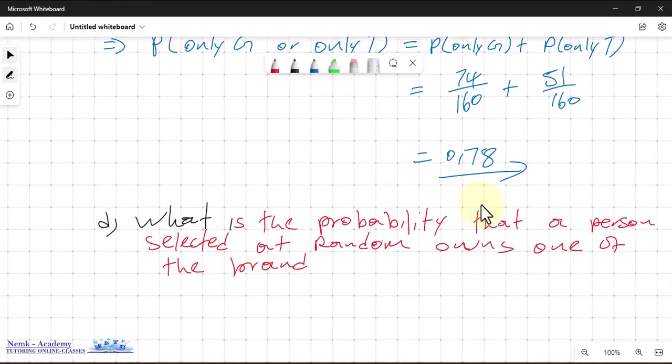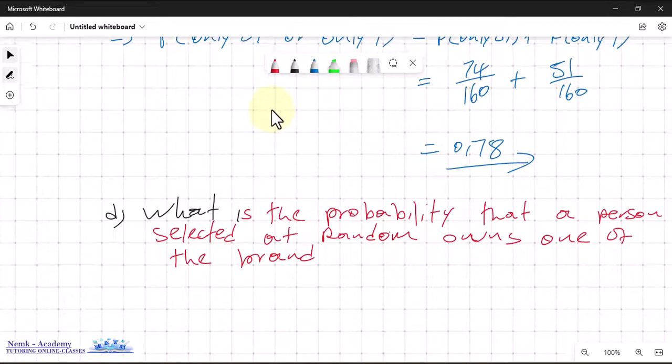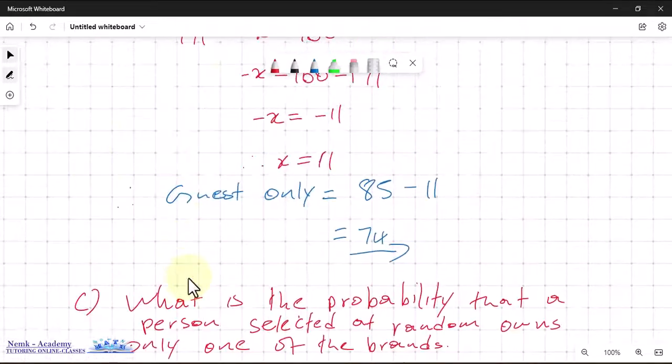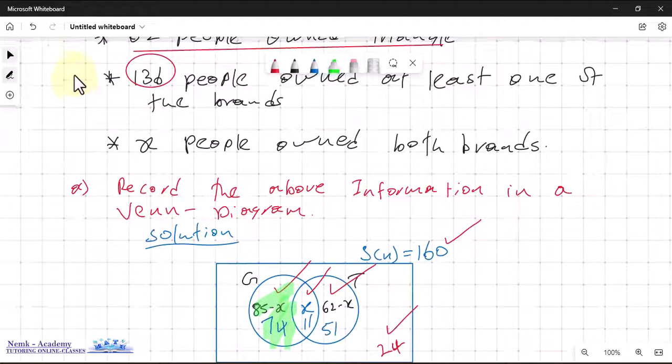So you can be owning one or more. You can be owning one of the brands or both of the brands, because they didn't say only one. It means if you own one of the brands, even if you own both or more, you are still all right. Let's go here on this question. Can you hear me?